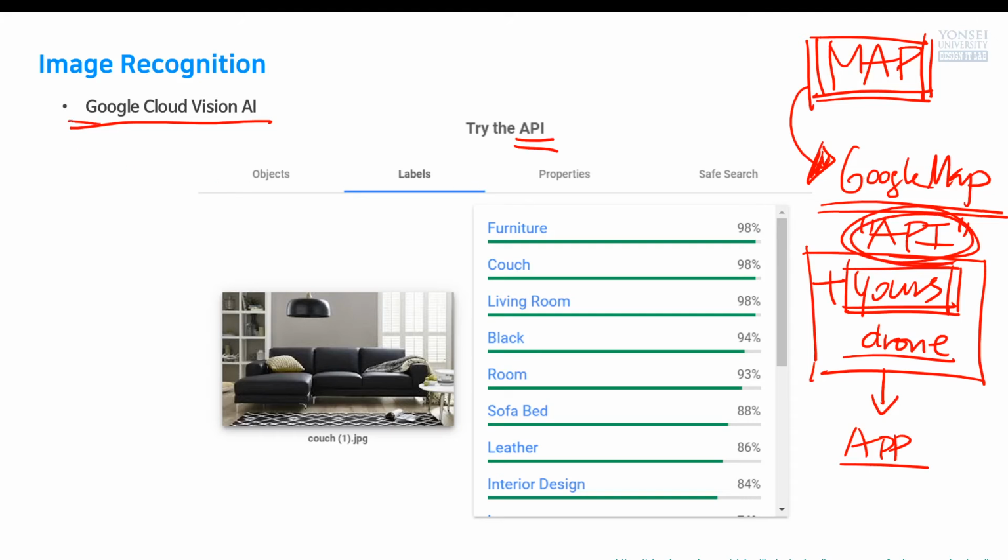Anyway, thanks to Google Cloud Vision AI, nowadays we can use this image recognition function. Take a look at this result: furniture. Of course, it's furniture and it's a couch. It's in a living room. Its color is black. This is a room, not outdoor or something. Sofa bed, something.